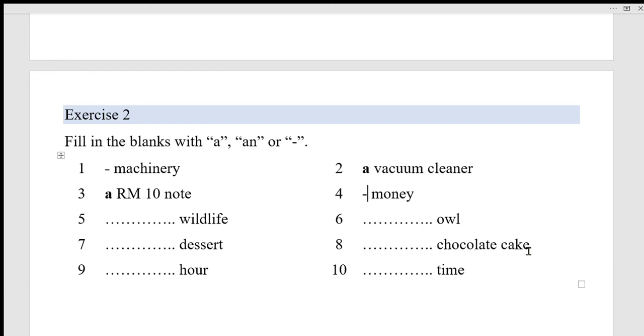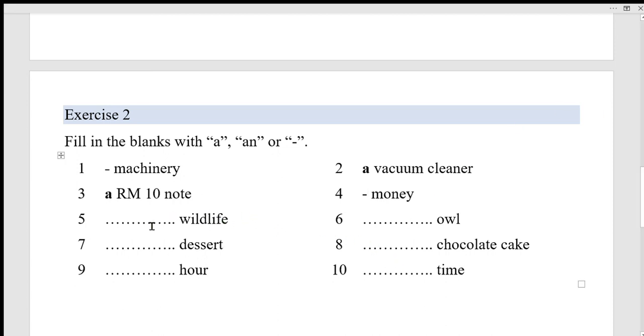So, we can say a gold. It's not umbrella term, it's countable noun, yeah? We can say a gold, but we cannot say a money, understand?